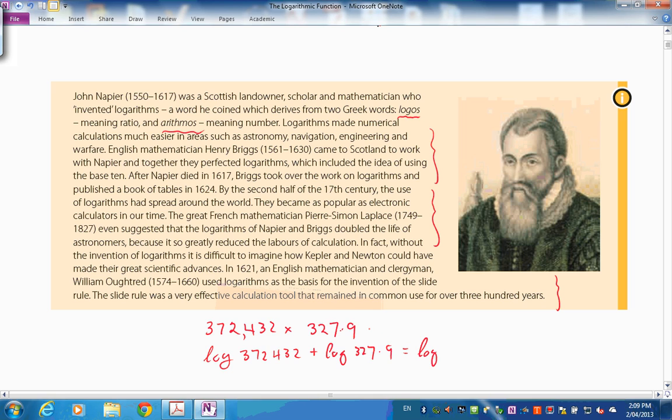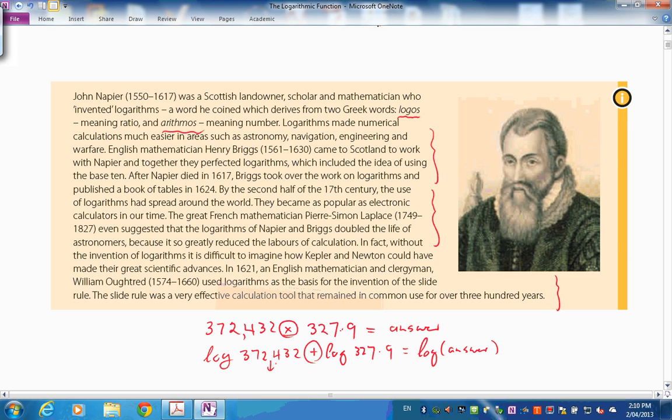This has some answer we want, and we could find the log of the answer by taking the log of each of these. So we'd be adding the powers here. That's going to be easier than doing this long multiplication.